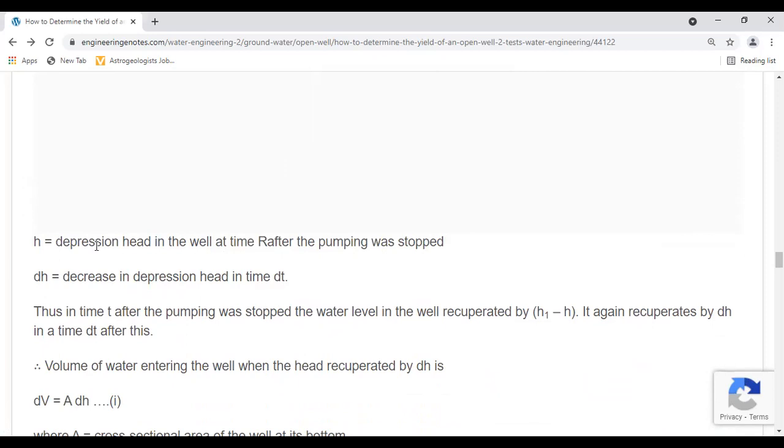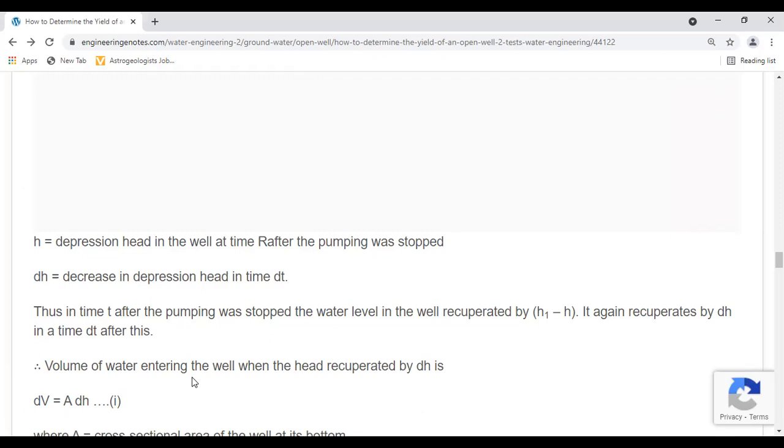Thus, in time t after the pumping was stopped, the water level in the well recuperated by H1 minus H. It again recuperates by dH in a time dt after this.